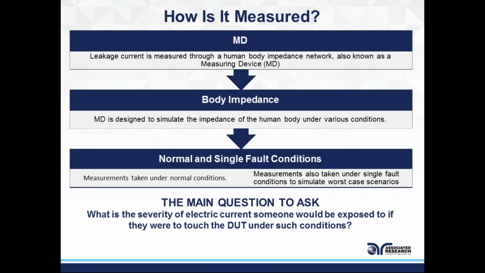Do you want to depend on somebody's fix for some situation, such that your product starts leaking more leakage current? So if you run these single fault conditions where ground is open, you can tell what would happen to your device, what kind of leakage current would come out of those applied parts or enclosure points, to make sure they're not leaking above the limits set by the standards.